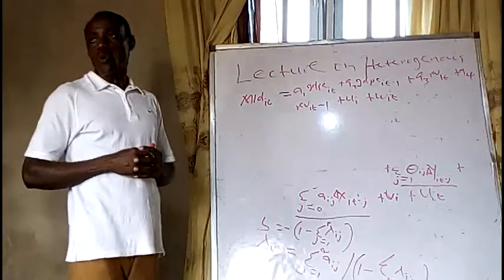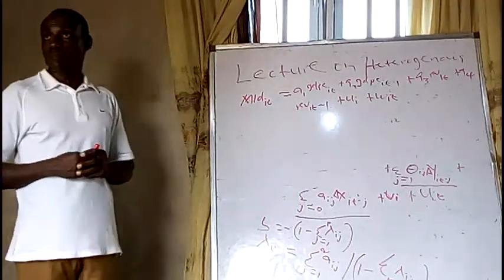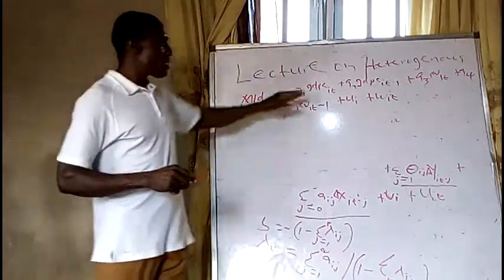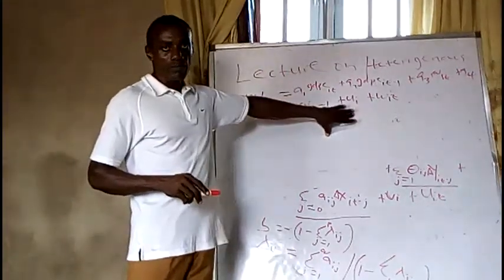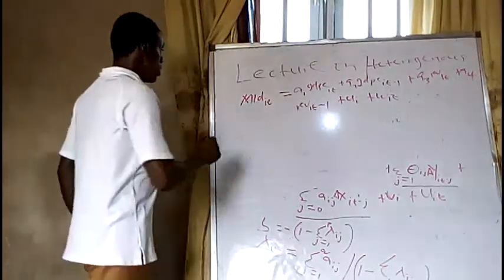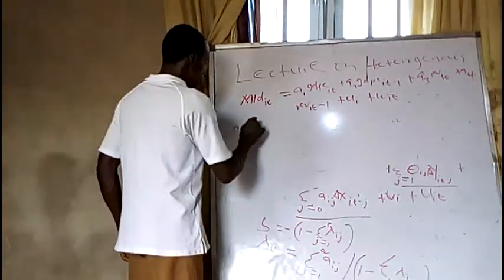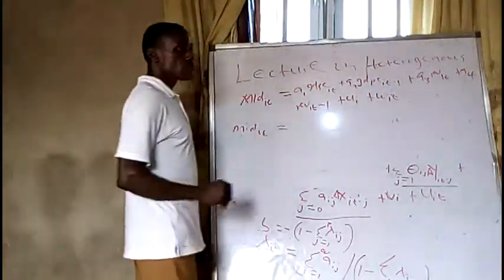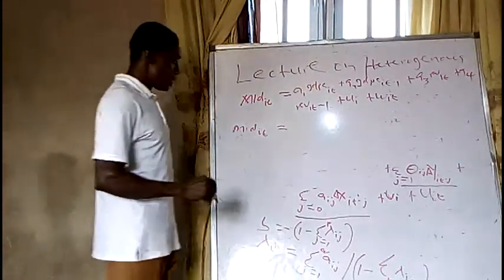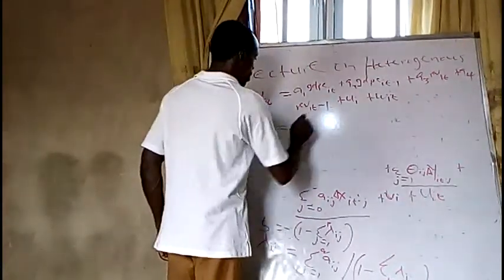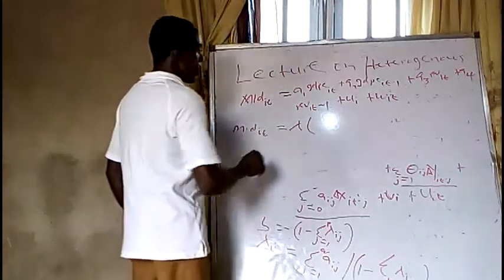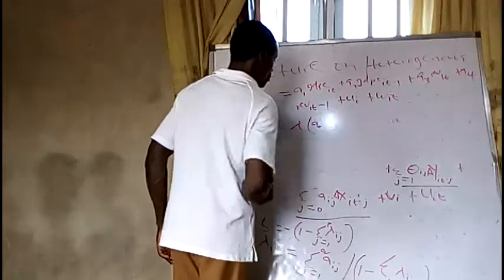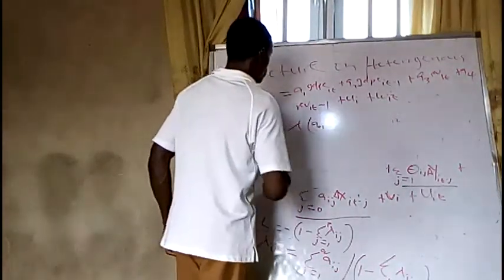And for us to estimate the short run and the long run, we need to reparameterize this specification as follows. MIDIT is equal to the ECM coefficient, which could be lambda, bracket open, we have A0, 1.